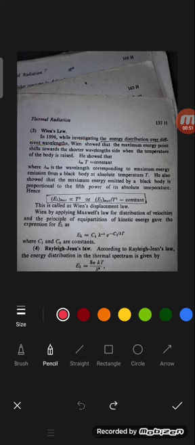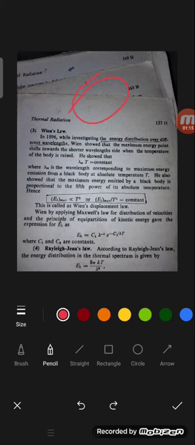So Wien's law is applicable to the shorter wavelengths.